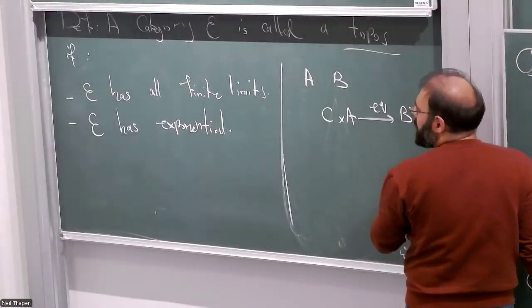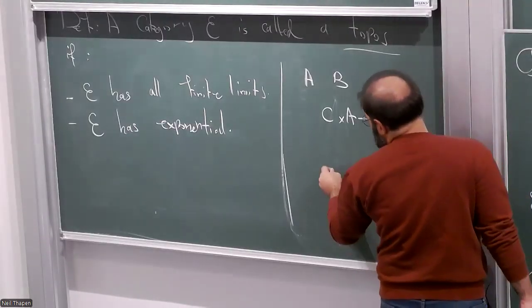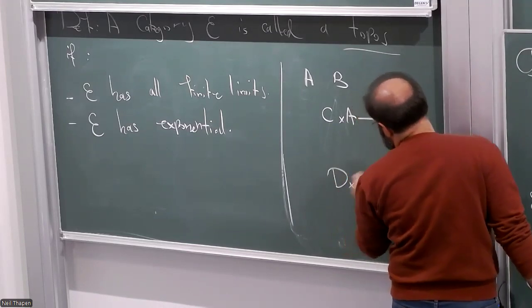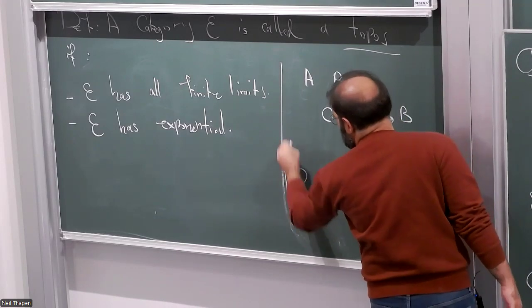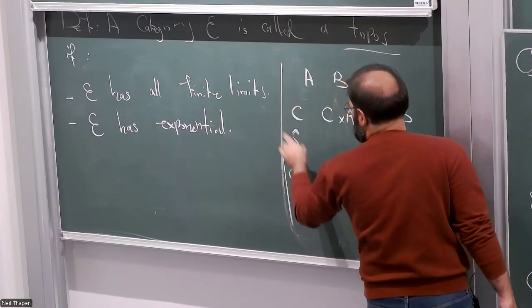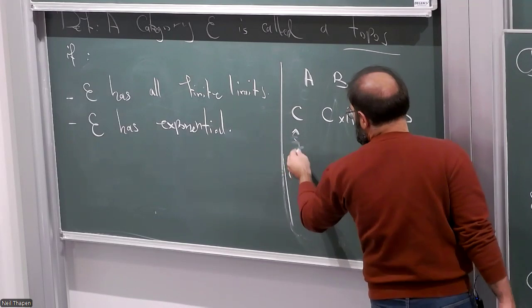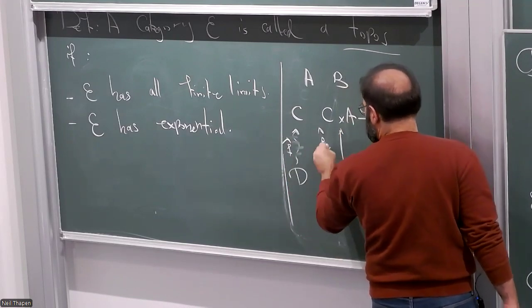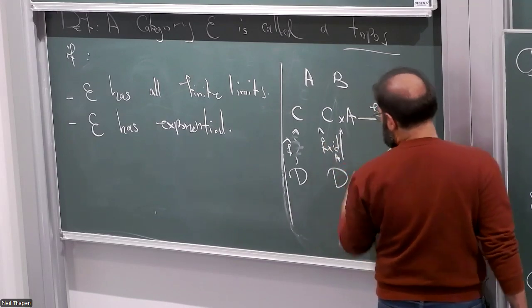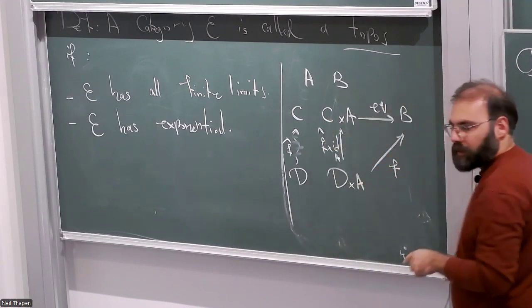And this is the best in that property, meaning that for any other D and any other map like this, there exists a unique map from D to C. Let's write it like this, say F hat such that F hat times identity A, which is the canonical map here, you have this commutation.